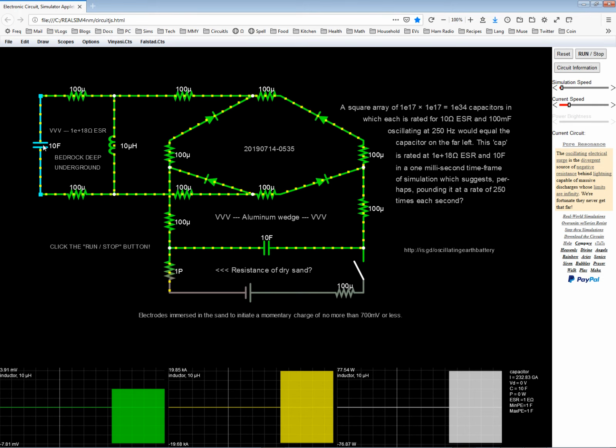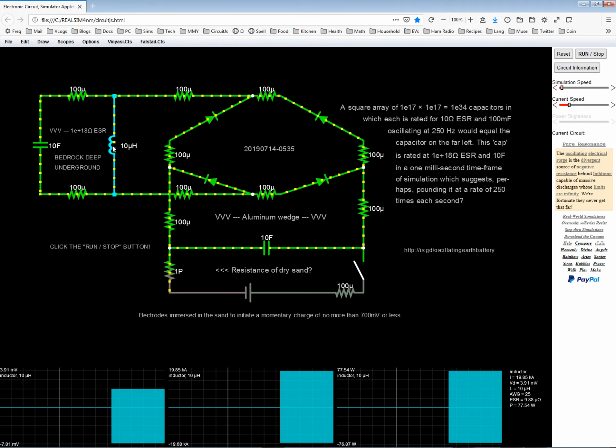equivalent series resistance into caps is right away a phenomenal event, because when you look at the math, putting equivalent series resistance into a coil is an additional contribution of positive resistance. But when you put equivalent series resistance into a capacitor, it's a negative resistance. It generates current, while a coil eats it up.